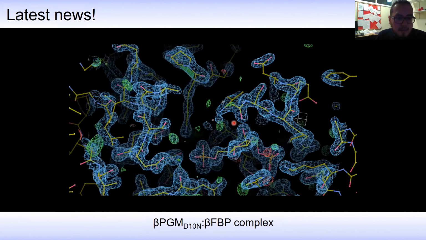In this crystal, you can see the lysine is engaged in the active site. The proline is as we had expected for this molecule. So now I want to do this with a double mutant in which I would expect the lysine to be outside and the alanine to be trans for the fructose bisphosphate complex. And there will be a cis-alanine in the glucose bisphosphate complex.